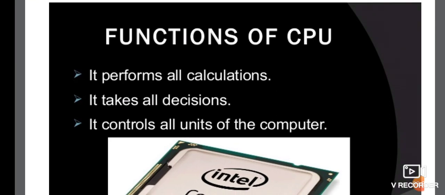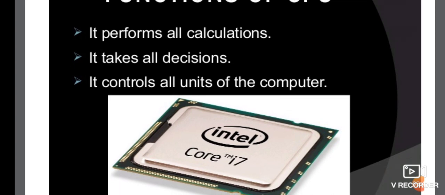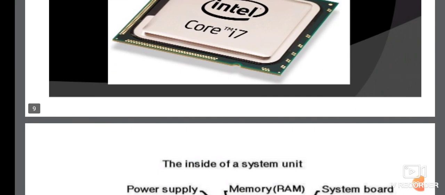The functions of the CPU are: it performs all calculations, it takes all decisions, and it controls all units of the computer. As in a human body, the brain coordinates and controls your entire body, here in a computer the CPU controls the entire system and organizes it.